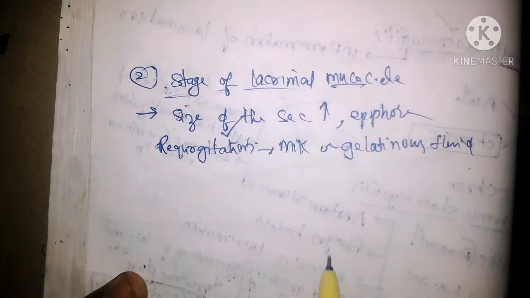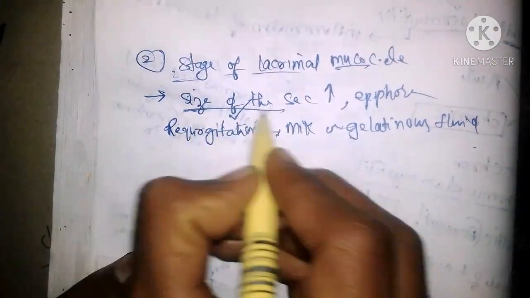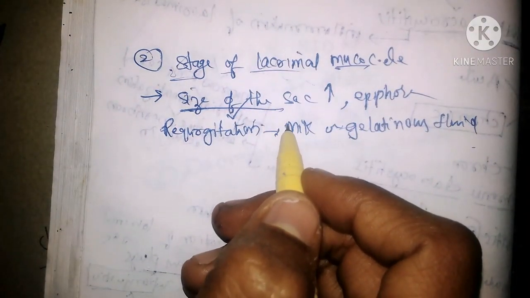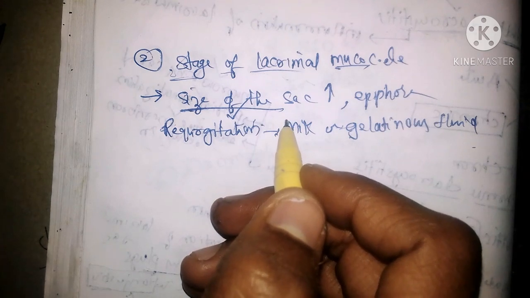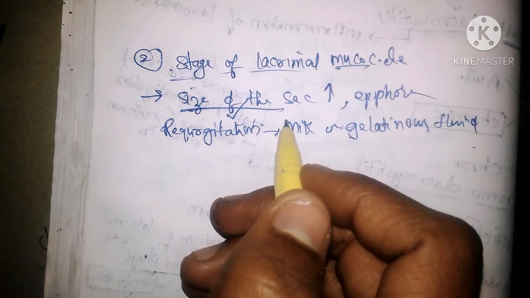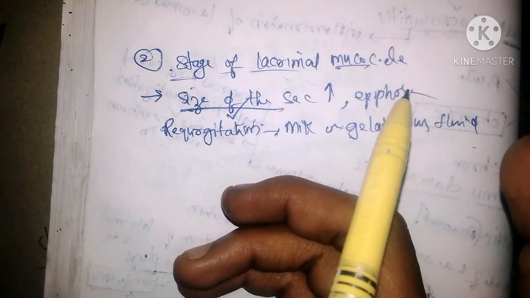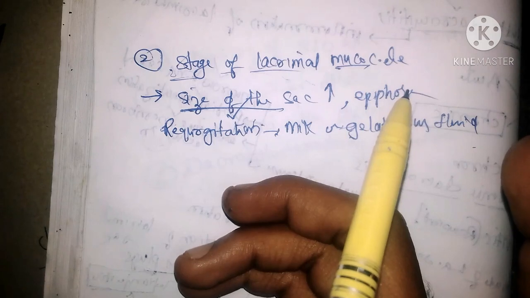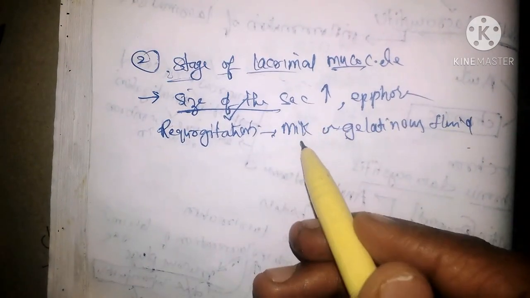So what you are seeing is, in this stage size of the sac will increase. In first stage what we discussed is the size of the sac will be normal, but in the second stage the size of the sac will increase, because as the time passes there will be increased accumulation. Clear?